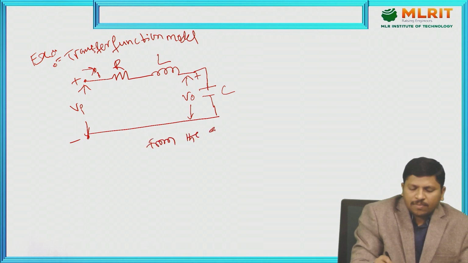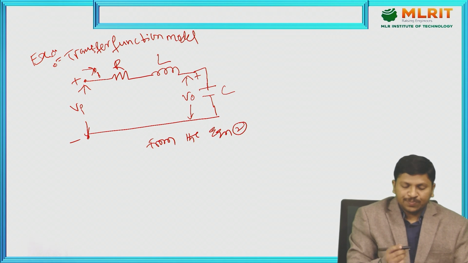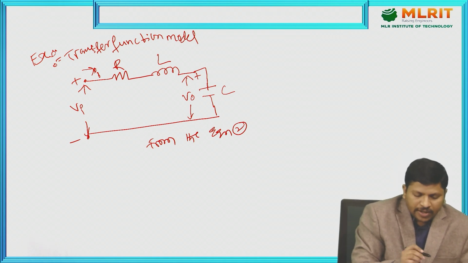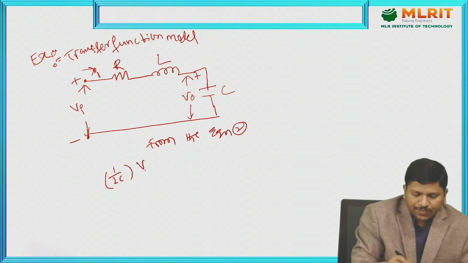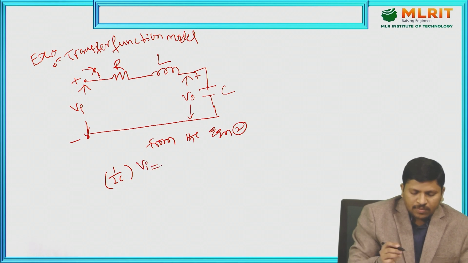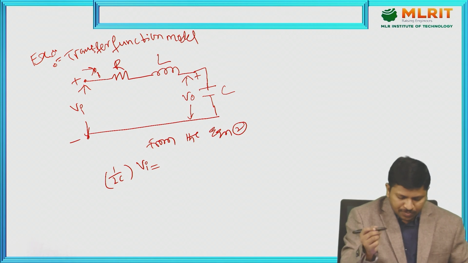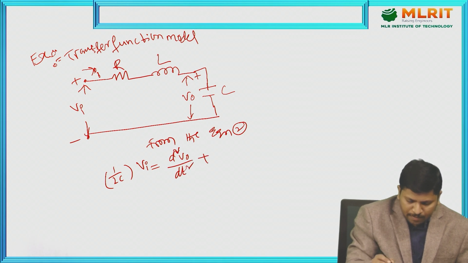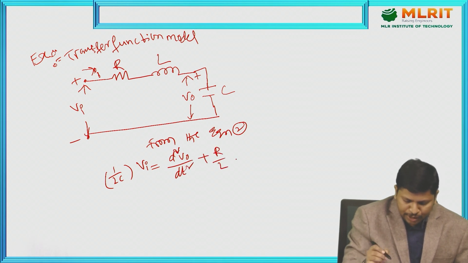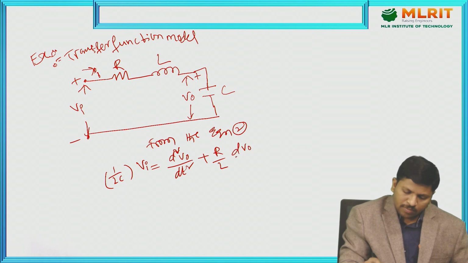From equation 2, just write equation 1 by LC into Vi equals d square V naught by dt square plus R by L into dV naught by dt plus V output 1 by LC.